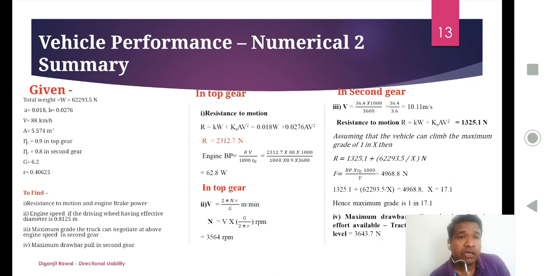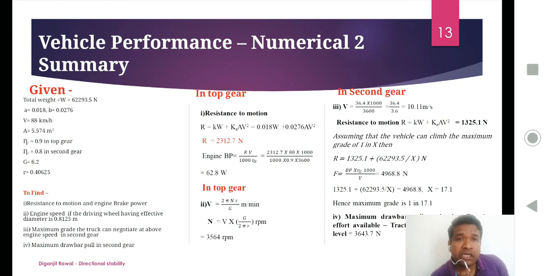Then we assume that the vehicle can climb the maximum grade of 1 in X. Then we calculate capital R, we calculate capital F. So X is equal to 17.1. This is the maximum grade, 1 in 17.1, and then finally we find the maximum draw bar pull on level, and that value becomes 3643.7 Newton.